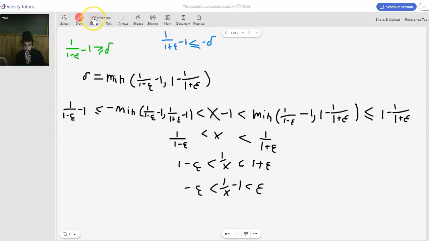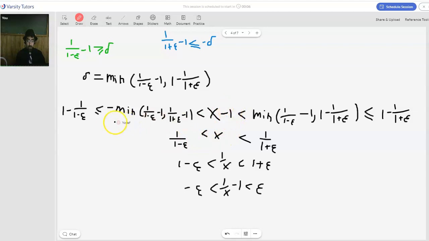Or, sorry, I've got a sign error here. It's got to be greater than or equal to this.